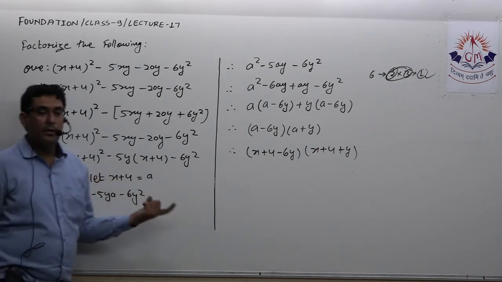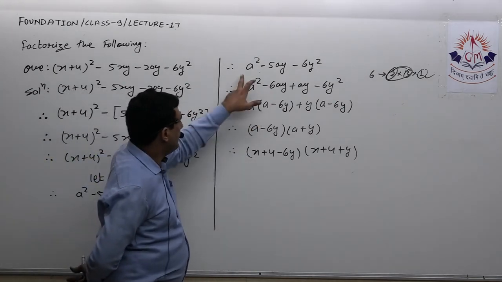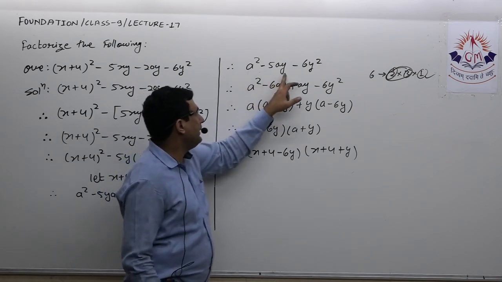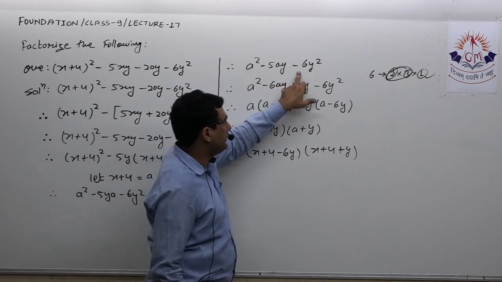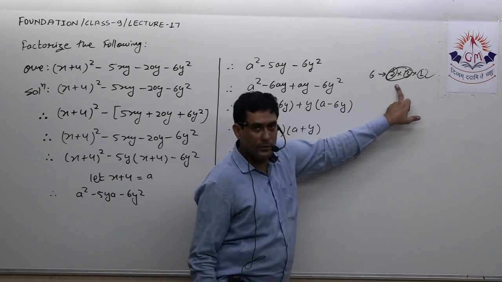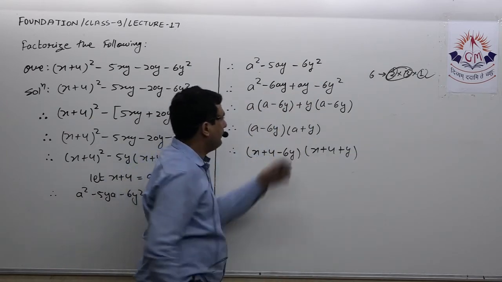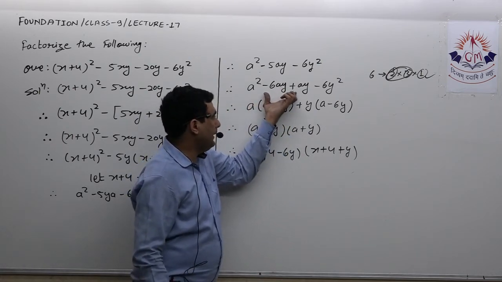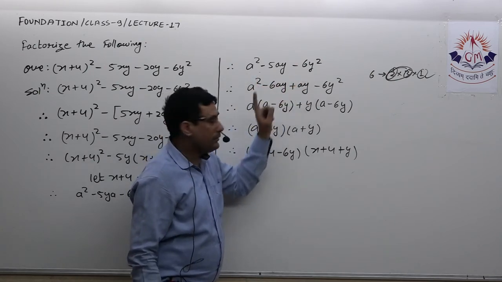Now I can say this is a quadratic expression, and it can be factorized by splitting the middle term. For that I need to find the factors of the coefficient of the first term and the constant term. So here we'll find the factors of 6: 2 into 3, and 1. First I wrote over here minus 2ay minus 3ay. Further I got to know that those two terms were incorrect, because their product was not the product of the first and last terms.